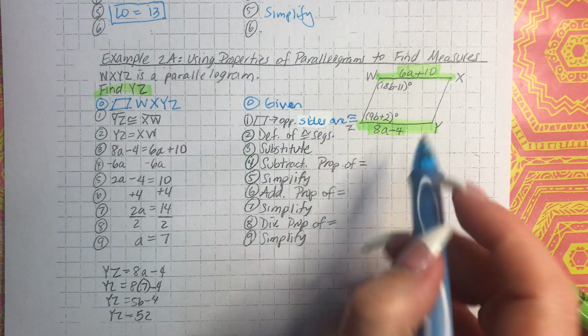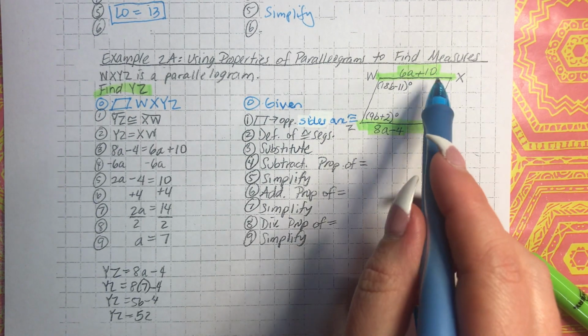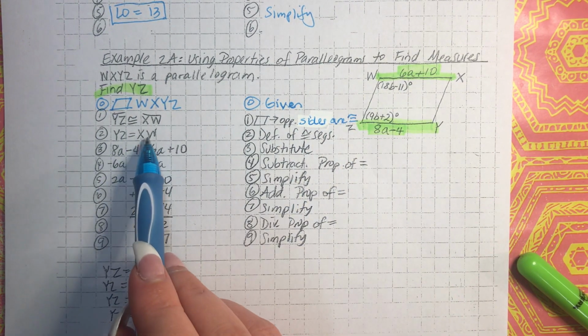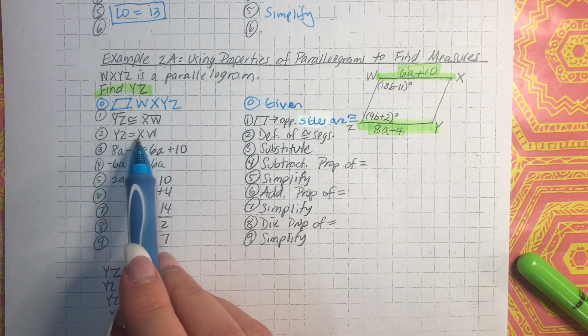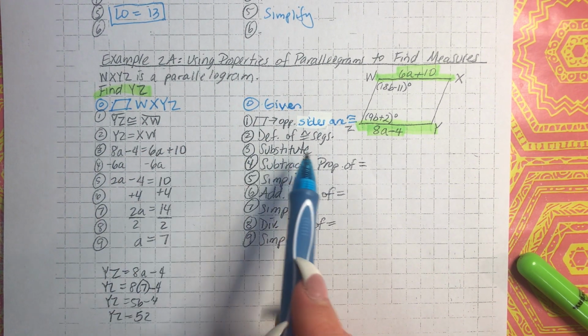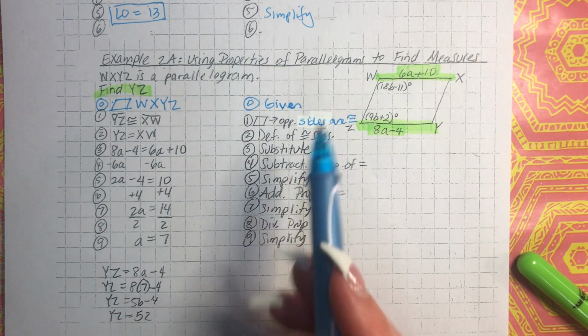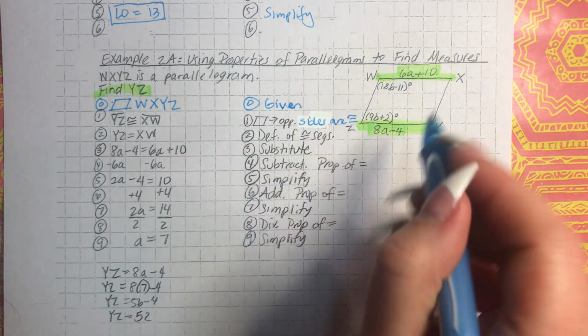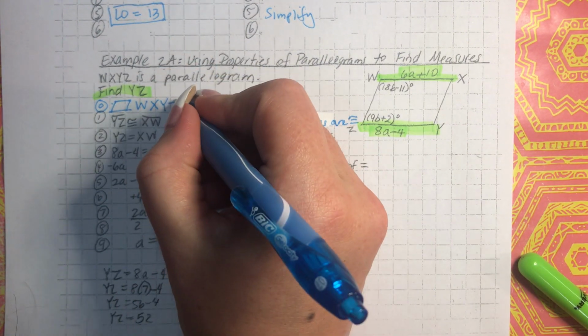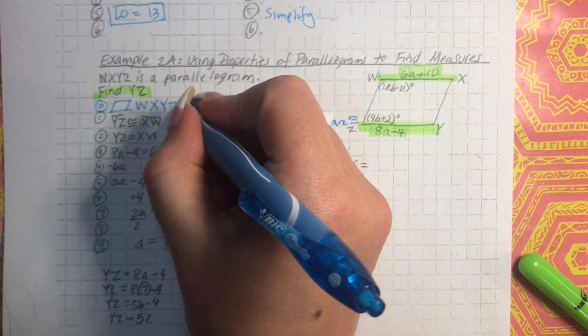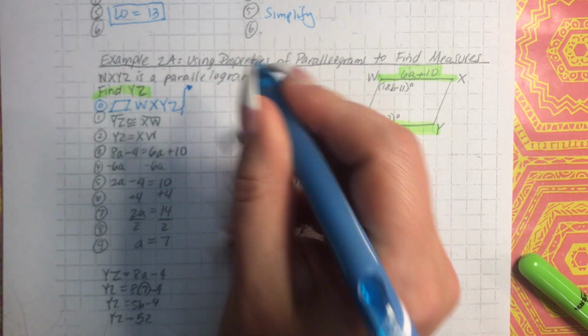Okay, so these are congruent. Opposite sides are congruent. Then we're just going to have to change that format, right? YZ equals XW, definition of congruent segments. And then we have to substitute, but wait, we have to put in our given information. So I'm going to make a comma and then an arrow up here because I'm going to run out of room.